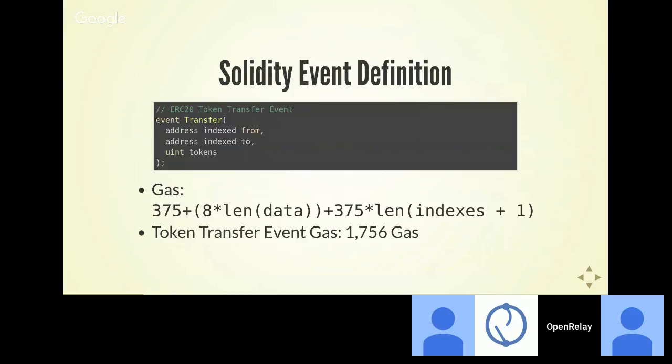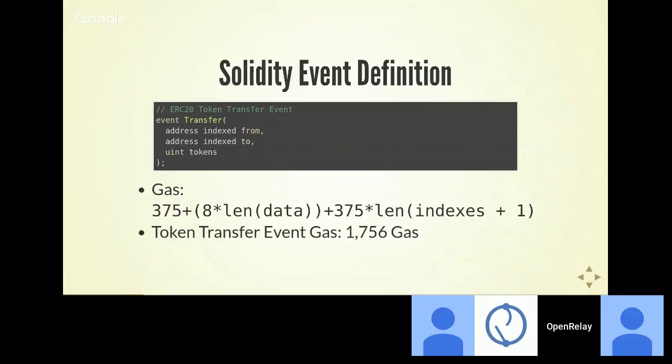Emitting any event in terms of gas costs: it costs 375 for any event, plus 8 gas for every byte of data that is not indexed, plus 375 gas for each index in our event, plus 1, because there is another topic that gets stuck in there that is the signature.